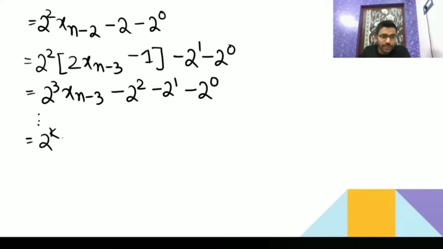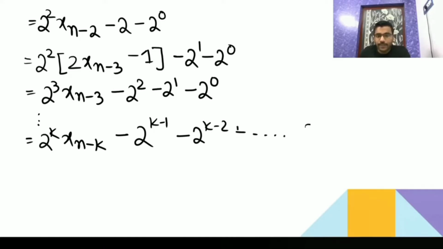It will be 2 to the power k x_{n-k} minus, if here is 3 then here is 2, so it is reducing by 1, then 2 then 1. So since here it's k, that will be k minus 1, then k minus 2. Similarly it will go like this, 2 to the power 1 minus 2 to the power 0.